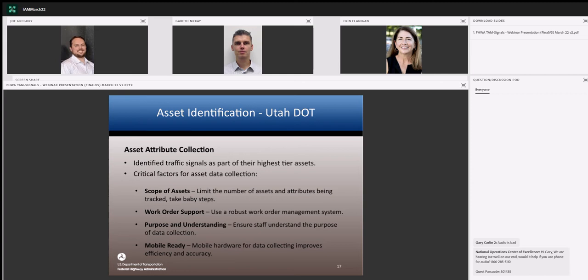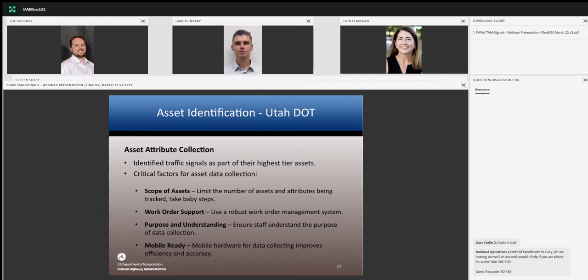So from Utah DOT, there are some of the critical factors they identified for asset identification. Limit the amount of information you're collecting. Take baby steps in terms of collecting that information. Work out what you want and what you're going to use it for. Make sure that there is a connection there to your work order management.